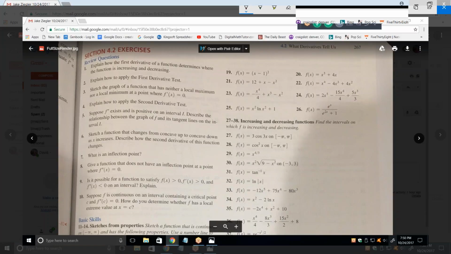Same directions? I think so. Where it's increasing, where it's decreasing, and superimpose the derivative on the function.